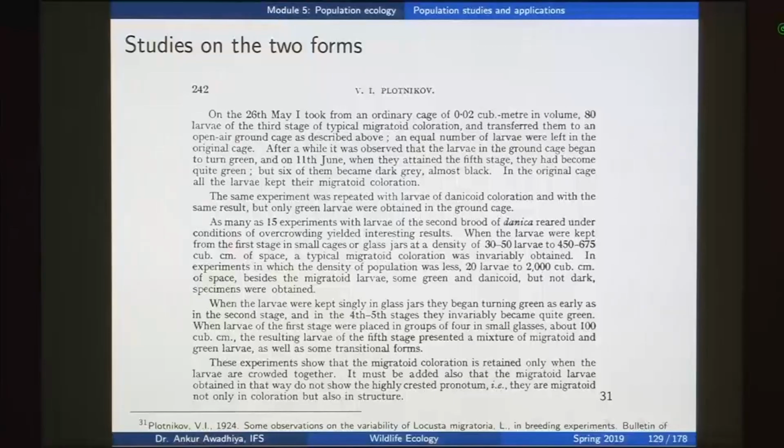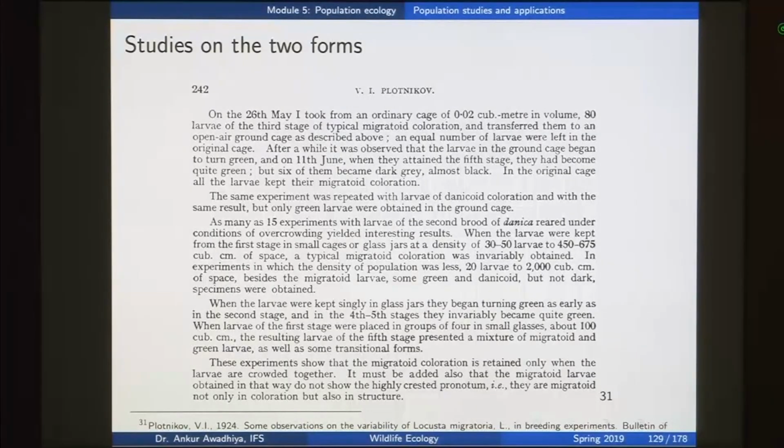They are the same species, they are living together in the same area, they are capable of interbreeding together, and probably they are interbreeding together, and in that case it has to be defined as one population. If you are wrong with defining your population, then the rest of the results are not going to proceed correctly. So, this was the experiment, and he showed that both of these are the same species.